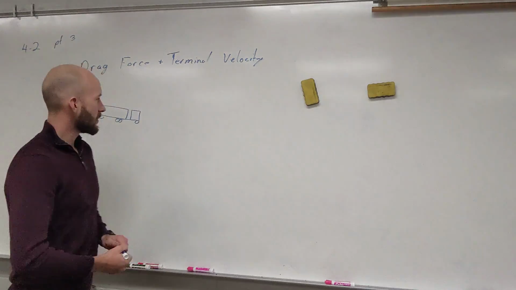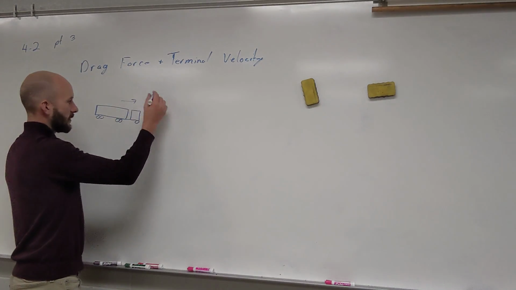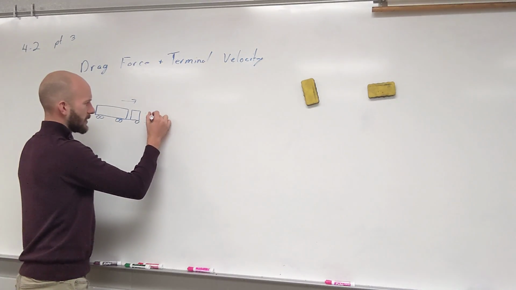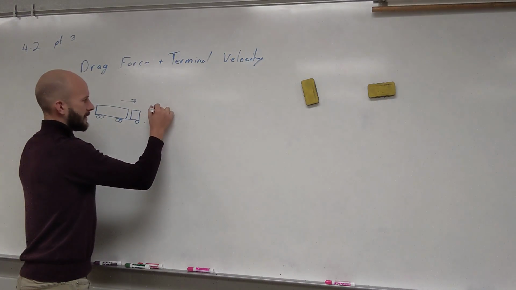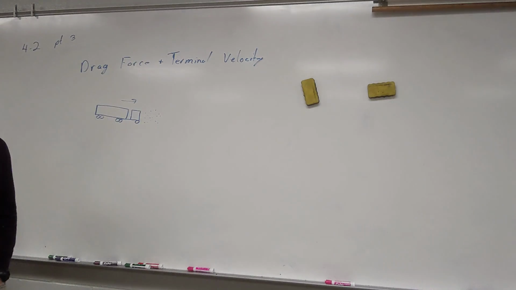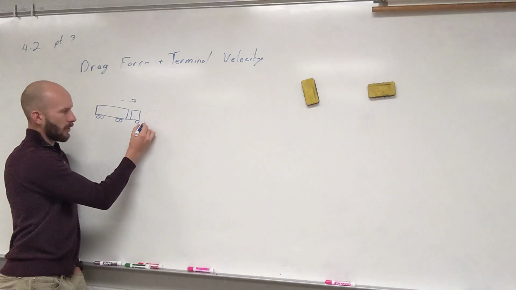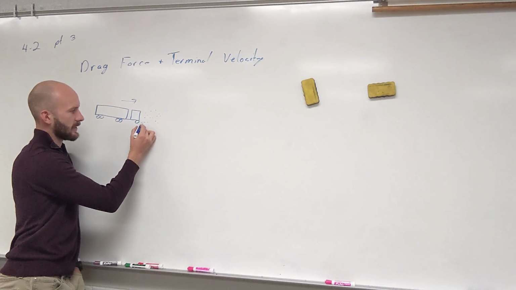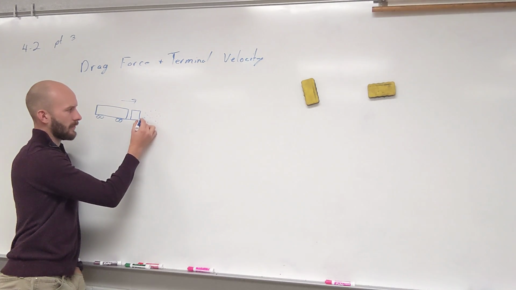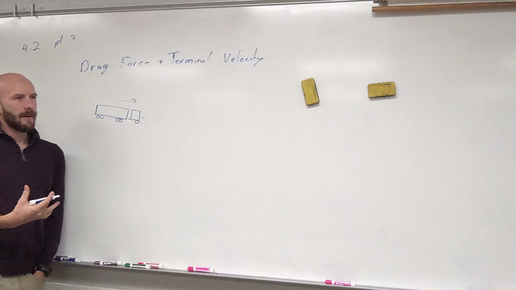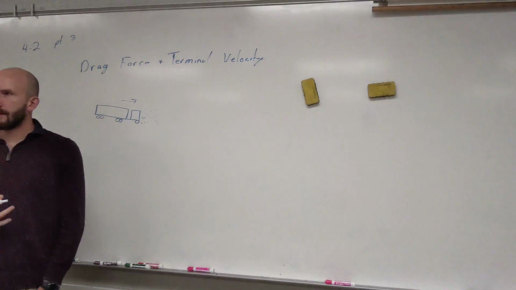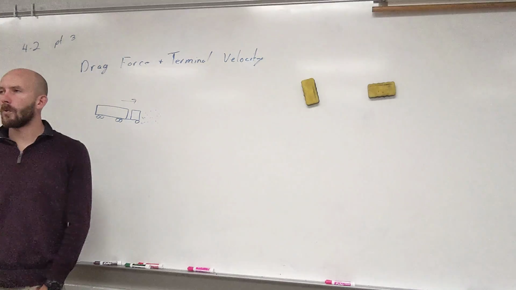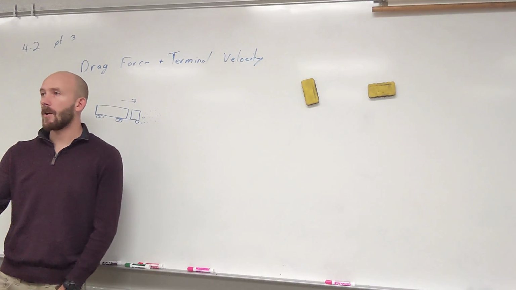But as that object is moving horizontally, it's colliding with multiple particles in the air. These air particles, as they're bouncing into objects, they're exerting a force on it, right? Now, actually, all objects get a force of those particles in the air exerted on them.